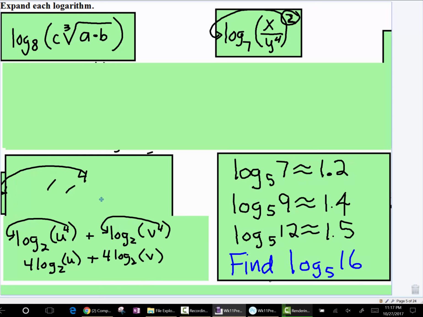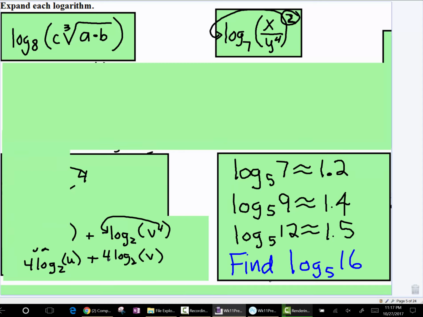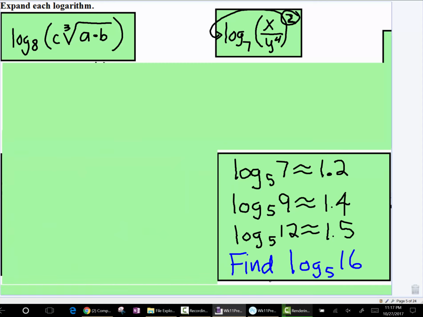All right, let's see what's going on here. Oh, these are those funky ones where they give you a bunch of information and you need to use the properties. So they need you to find log base 5 of 16, and they give you log base 5 of 7 is equal to 1.2, log base 5 of 9 is equal to 1.4, and log base 5 of 12 is equal to 1.5.